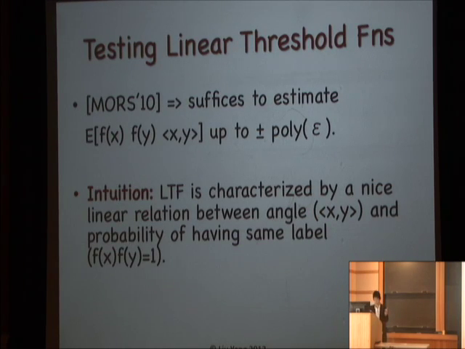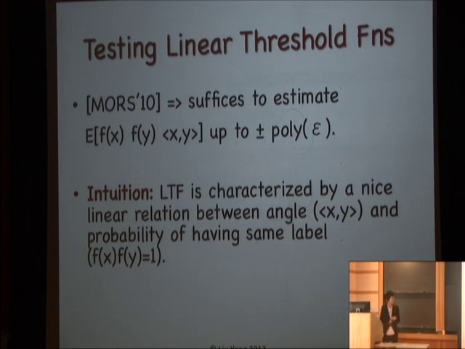The motivation is somewhat similar to the noise sensitivity idea I just described before for testing union of intervals. LTFs have a very nice relation between the angles of the 2 points and the probability that their labels are different.